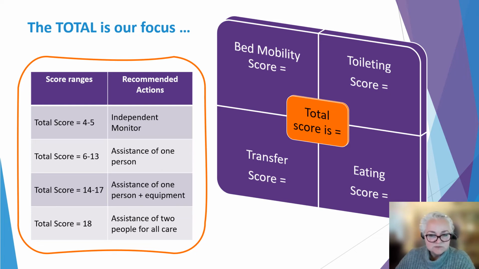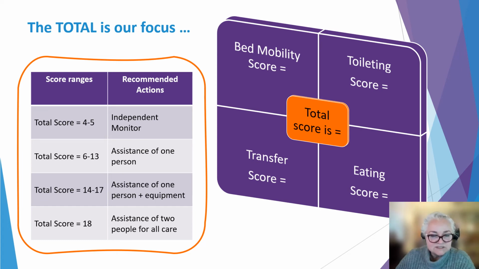A person who scores between 6 and 13 usually requires the assistance of 1 person. A score of between 14 and 17 is the assistance of 1 person and equipment, and a total score of 18 is indicative that the person requires assistance of 2 people for all care.